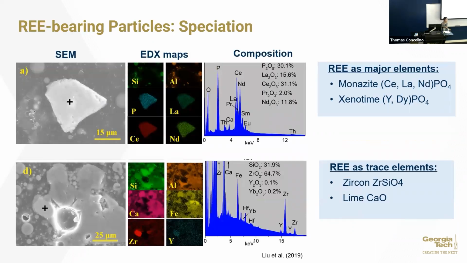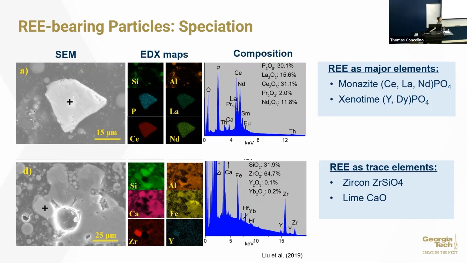So now moving on to look at REE speciation at the microscopic scale using SEM. What we can observe under SEM EDX is we can see REE as major elements, such as the existence of monazite and xenotime, two different types of REE phosphate minerals. We can also see them as trace elements, such as incorporation into zircon and lime and also other mineral phases.